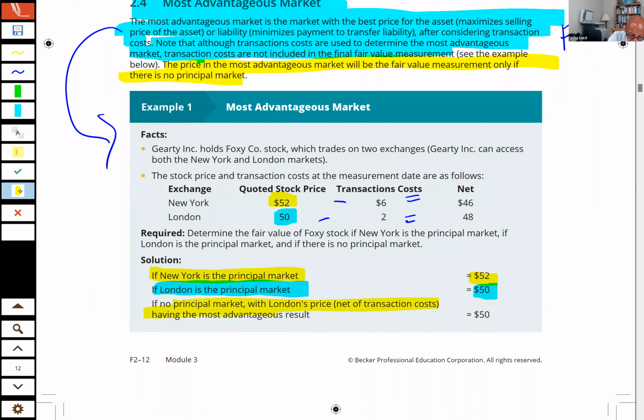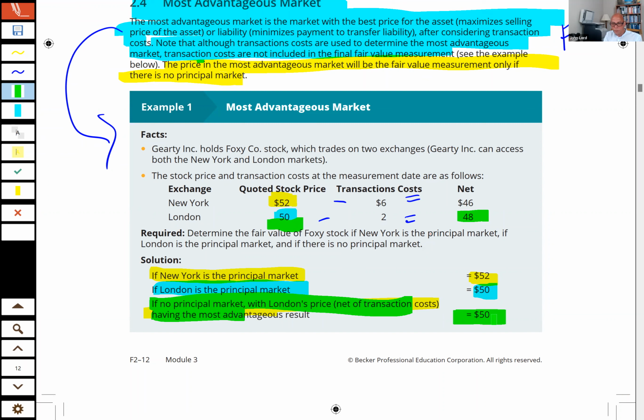When you look at this one, 48 is the most advantageous after we consider the transaction cost, but when we report it, we report the 50. We don't report it at 48.